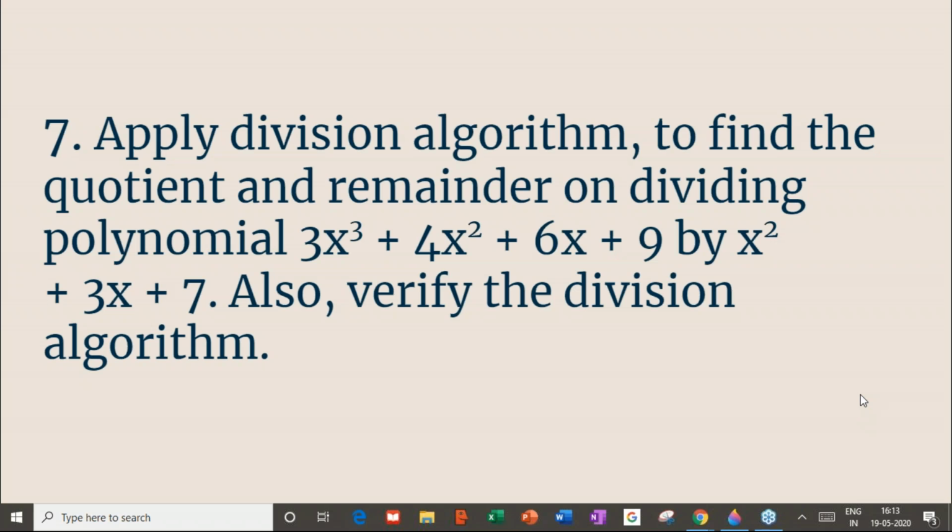Division algorithm is basically P of X is equal to G of X into Q of X plus R of X.